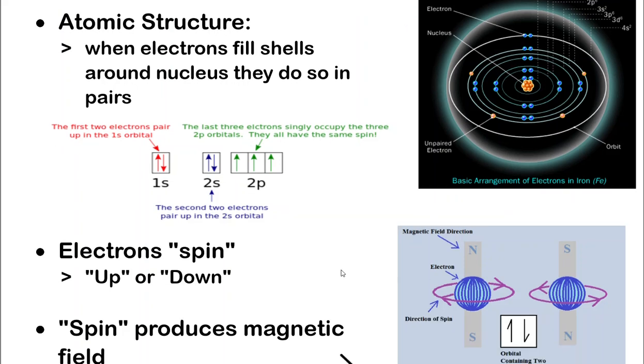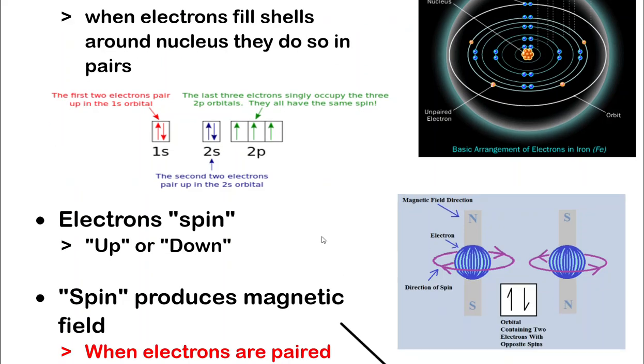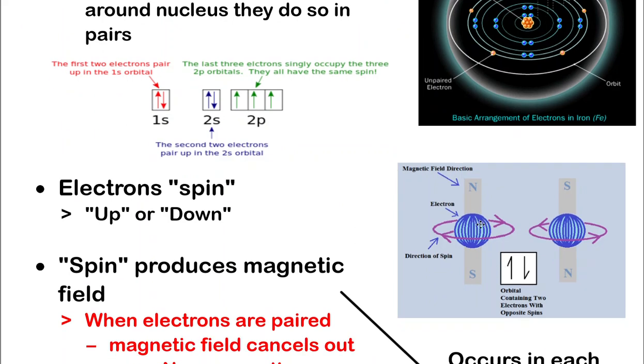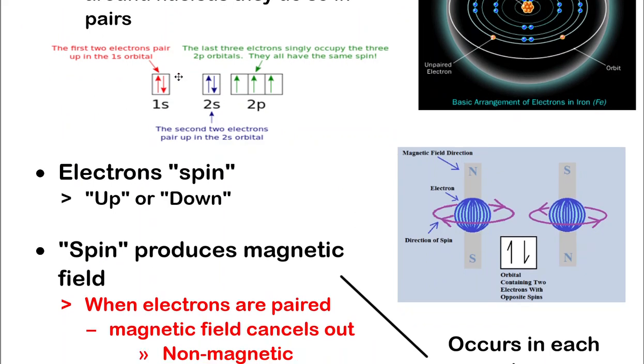And so that spin causes a magnetic field. So when electrons are paired, like in the 1s orbital here, one spinning clockwise and the other spinning counterclockwise, they cancel each other out. So that spin, moving electrons, just like we saw when we looked at moving charges, causes a magnetic field.